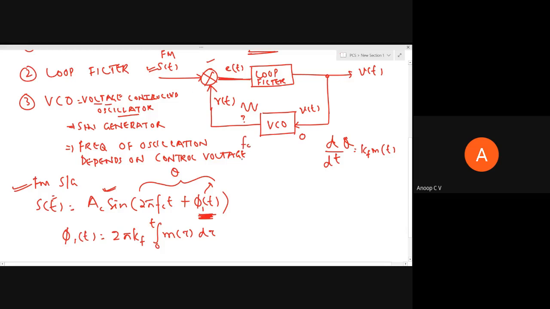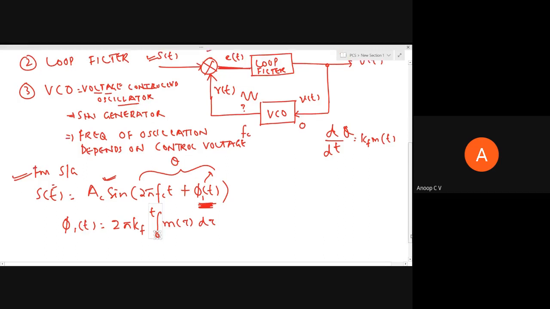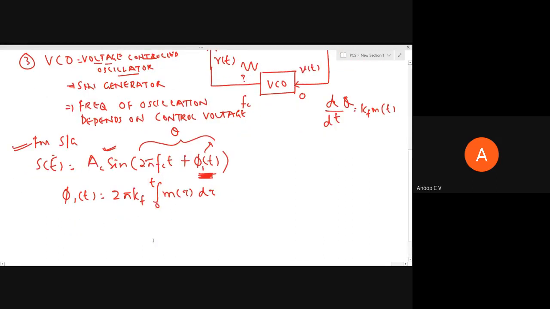That is one requirement. So we are assuming initially we have adjusted the VCO so that when the control voltage is 0, two conditions are satisfied. Those two conditions I'll write here. That is very important. So initially, when the control voltage is 0, what do you mean by control voltage is 0?